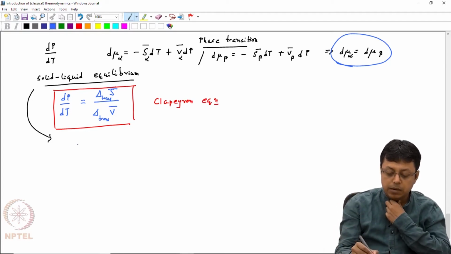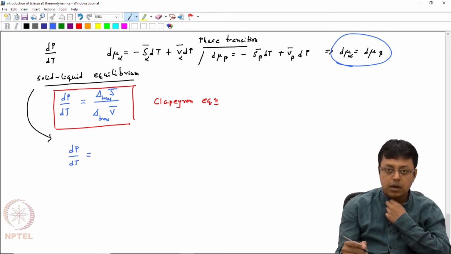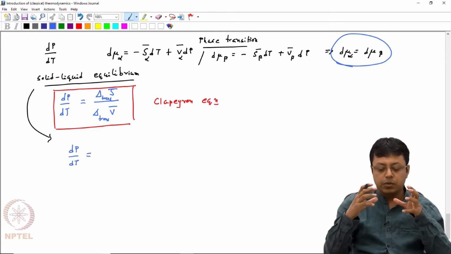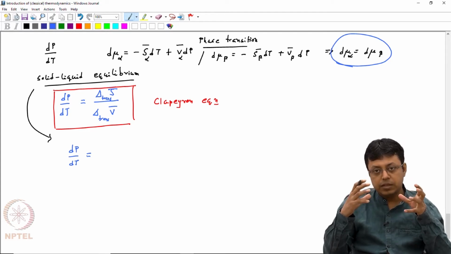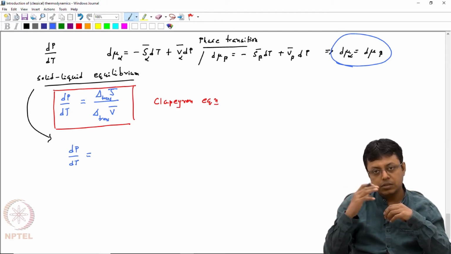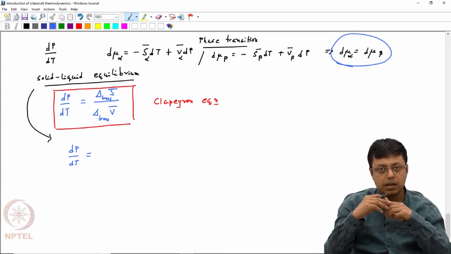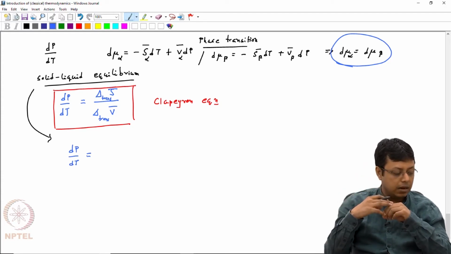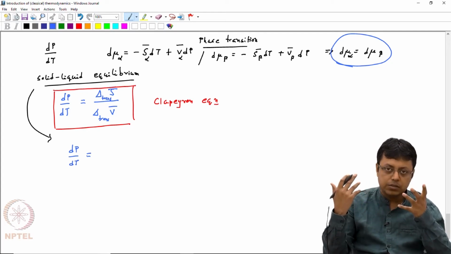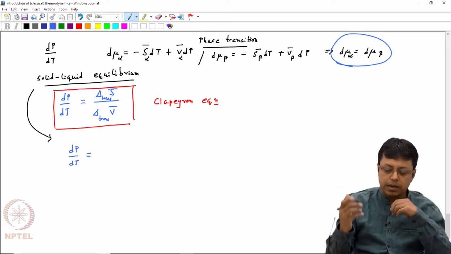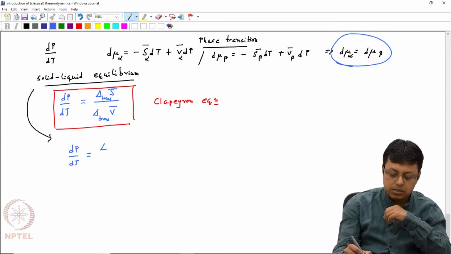For solid liquid equilibrium, this dp dt will be delta S fusion. During the phase transition, the associated reversible heat change is equal to the enthalpy, because we know that when the phase transition is happening, it is happening at constant pressure and temperature. So delta S we can replace by delta Q reversible by T, which is delta H by T, and that process we call fusion.